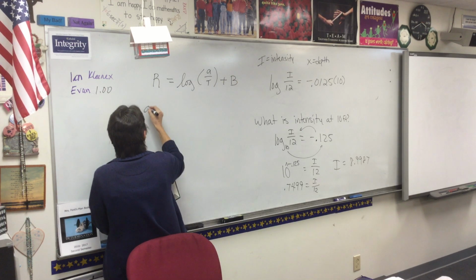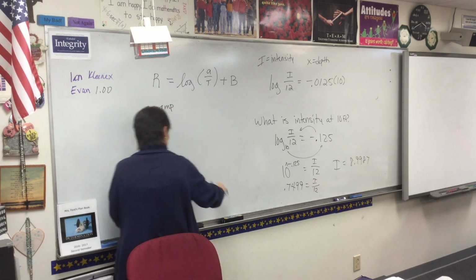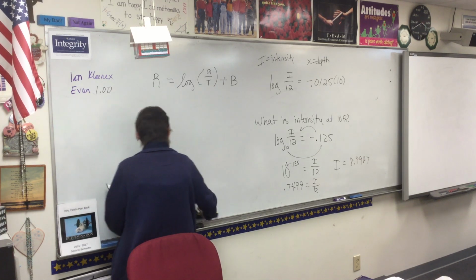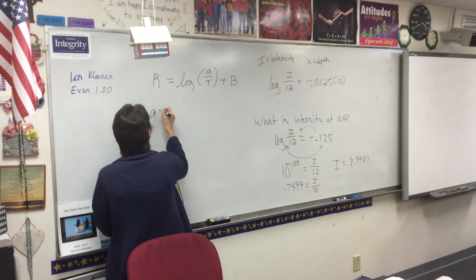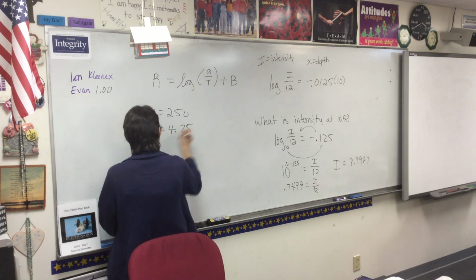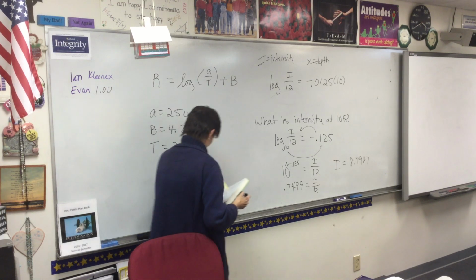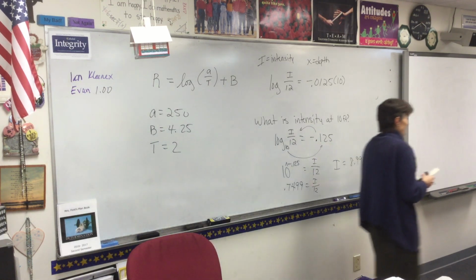And A is the amplitude. Oh, actually, you don't even need to know what it all stands for. Because in the problem, they tell you A is 250. B is 4.25. And T is 2. And your job is to find R.